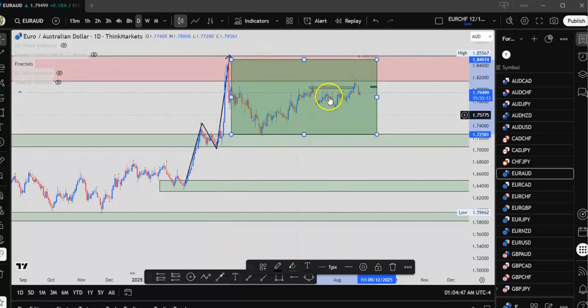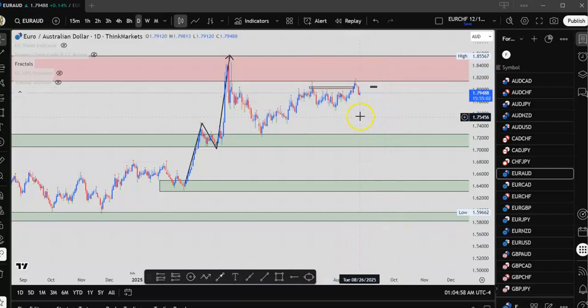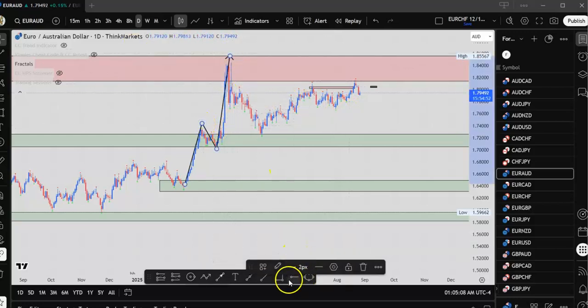So believe it or not, whatever is happening in here is all bullish. You guys need to try to understand that. So the daily is bullish, the weekly is bullish. Now we're gonna drop down to the 4 hour.